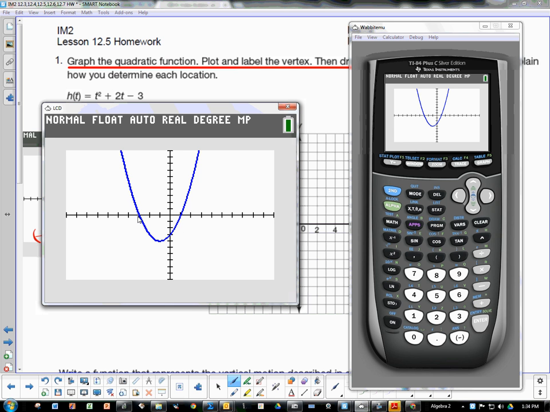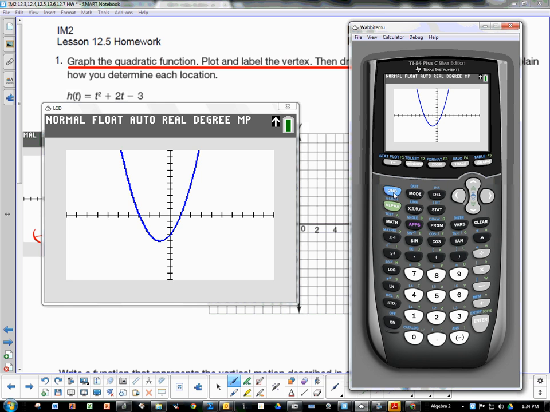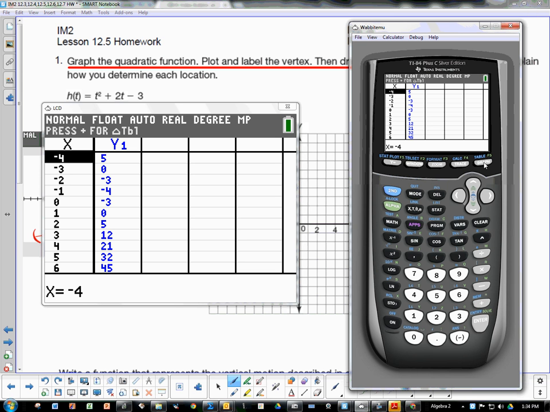The easiest thing to do is head up onto your calculator, and press second, then table. Second, it's really the graph button, but you can see we're going to access table. So second, table, and look at all these points that I have. How about we bring this over onto the screen here.